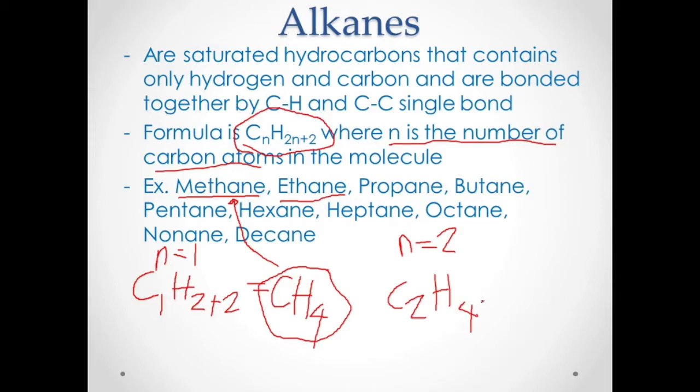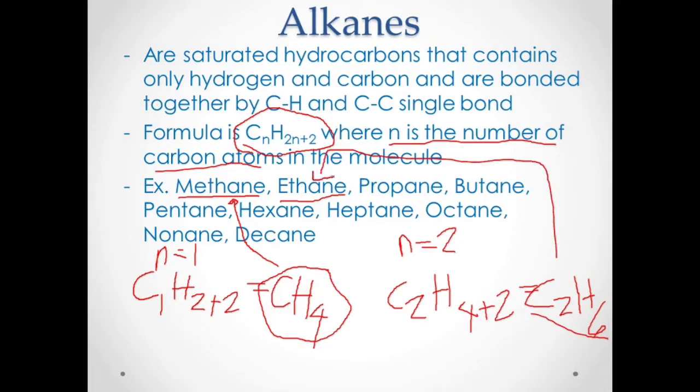So 4 plus 2, that becomes C2H6. Okay, C2H6. So this is now the molecular formula for ethane. So it's very easy. Am I right?